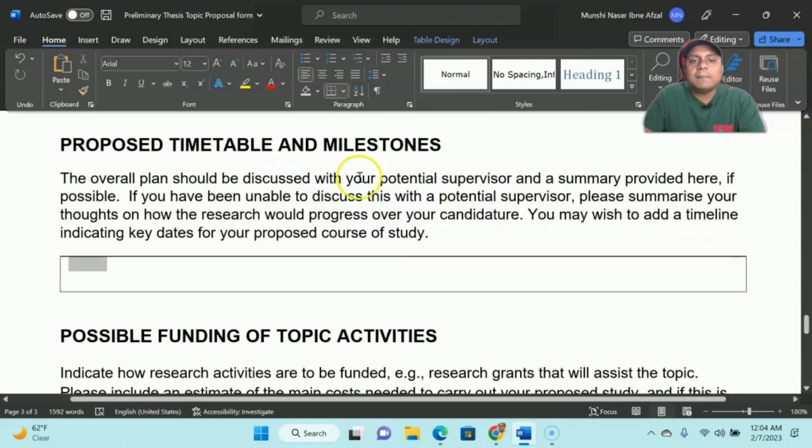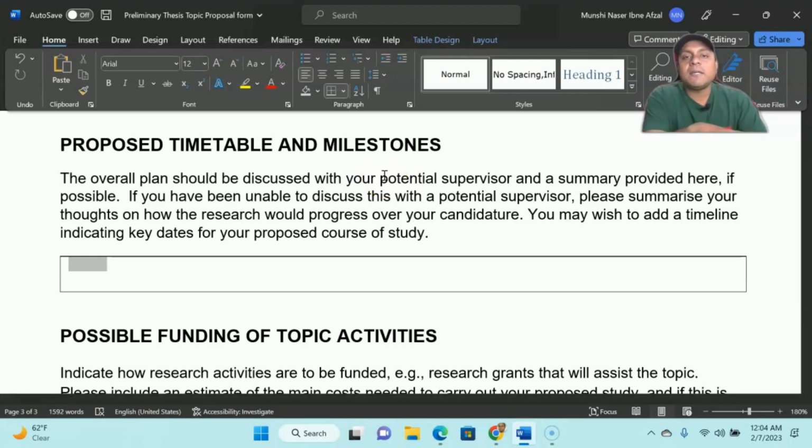And proposed timeline and milestones, very important, you need to have a very specific timeline. For instance, when you are going to give a detailed proposal, give a timeline. When you are going to give a literature review, give a timeline. When you are going to survey your data, give a timeline, a deadline. And when you are going to do the data analysis, give a very specific timeline.